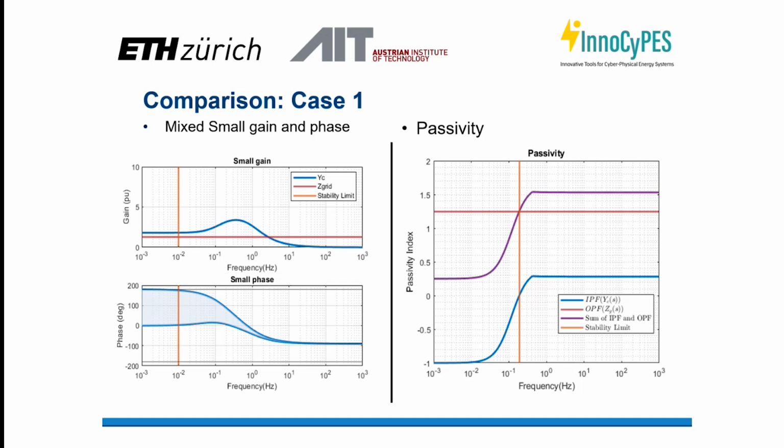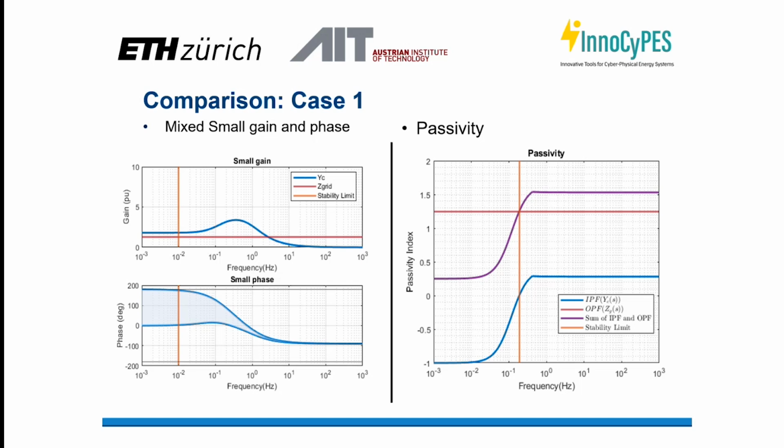the output feed forward of the short circuit ratio in red. When we sum both of them, we see that the sum of both of them is always positive. But something that I want to recall that was said in this presentation is that the admittance of a grid following converter is inherently not passive.